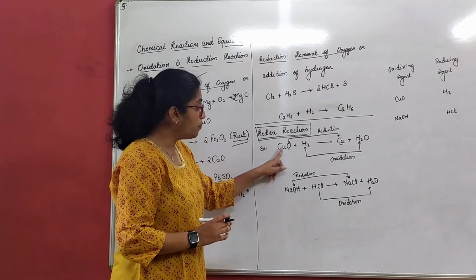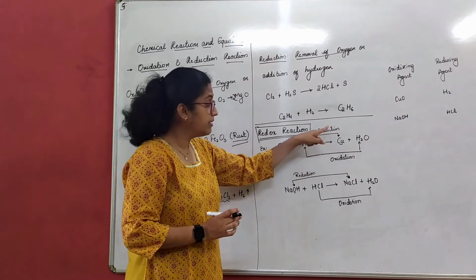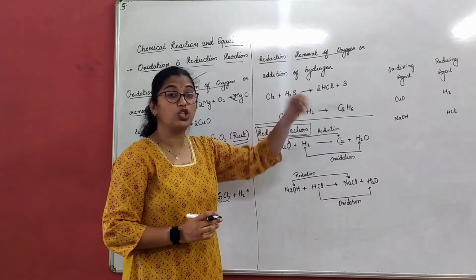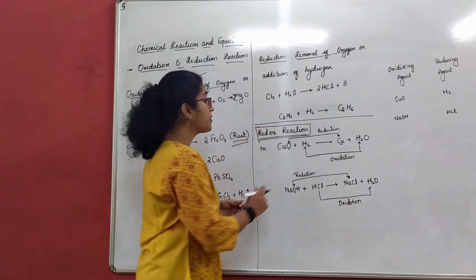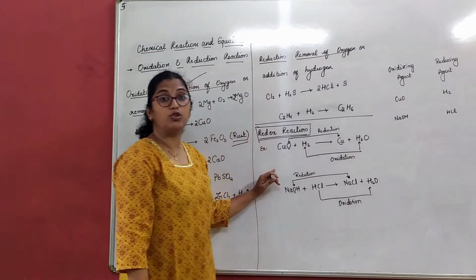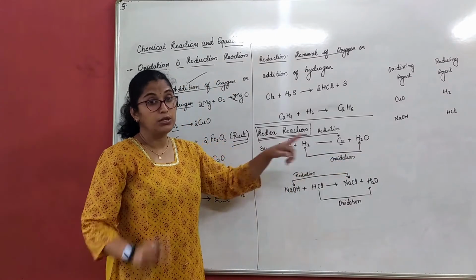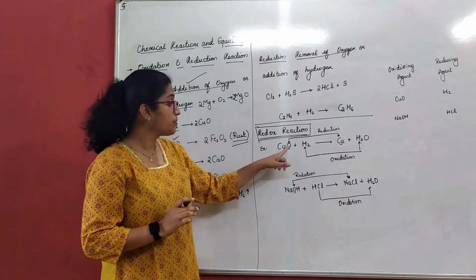That means cupric oxide is reduced to copper, correct? Reduction has happened here. Okay. Hydrogen, here oxygen is added to hydrogen. So what has happened here? Oxidation is happening. Both the reactions are happening.